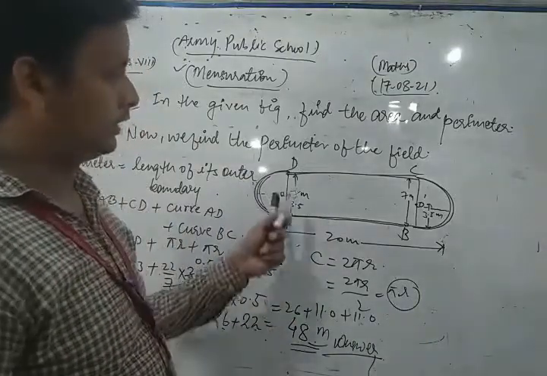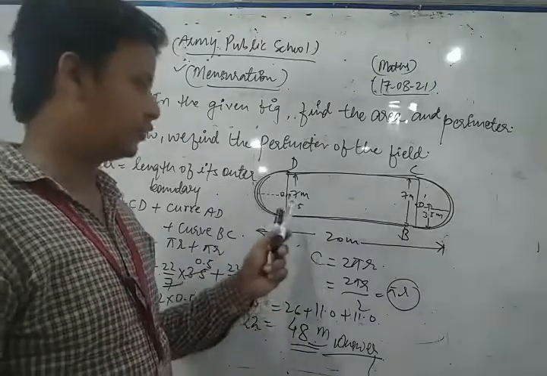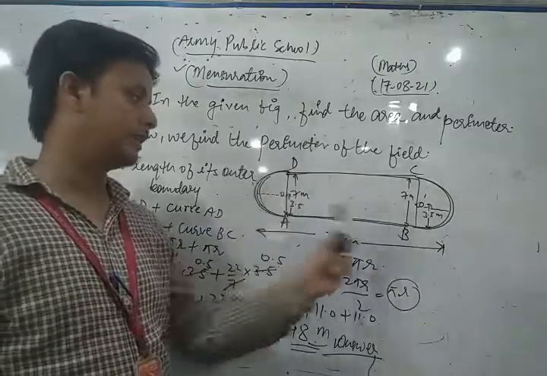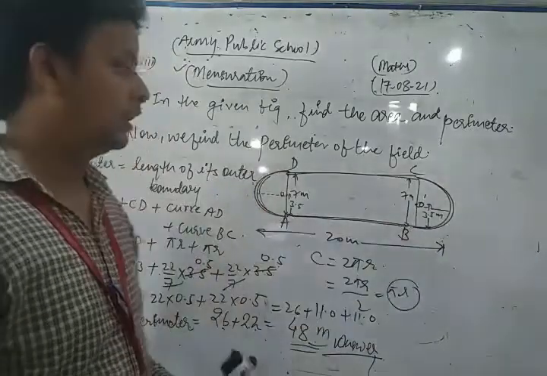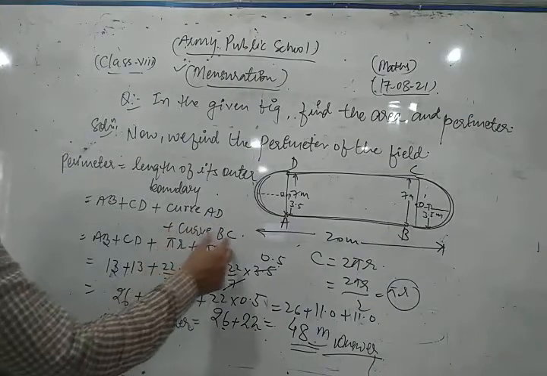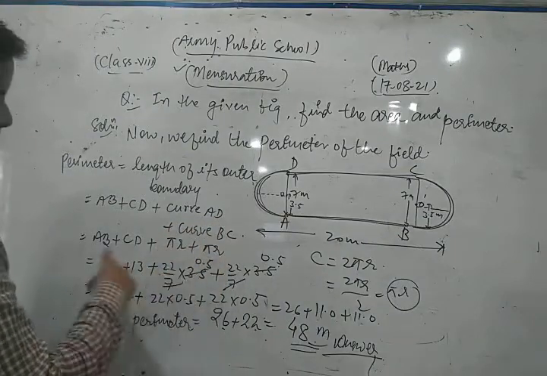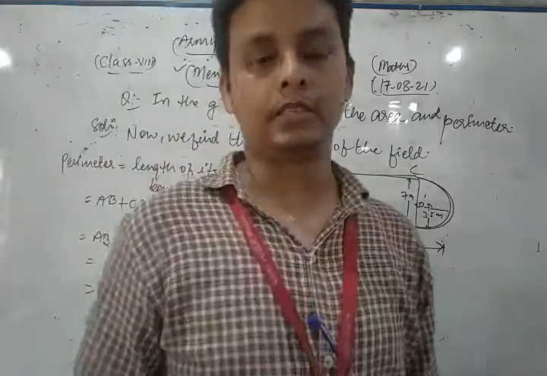So first, for the perimeter, the length of its outer boundary means AB plus CD plus curve AD and curve BC, and the value of curve AD is pi r, curve BC is pi r. Now after simplifying, we get 48 meters.